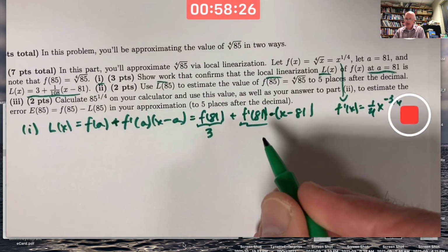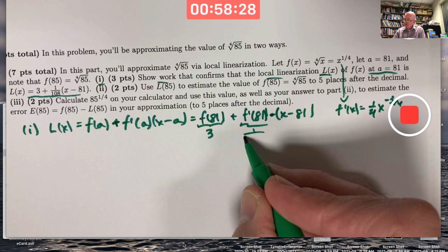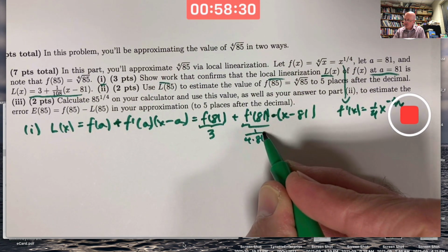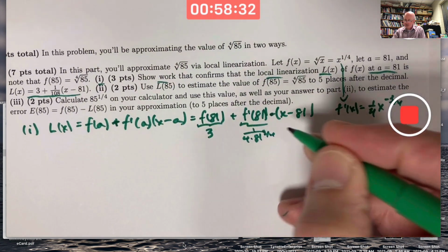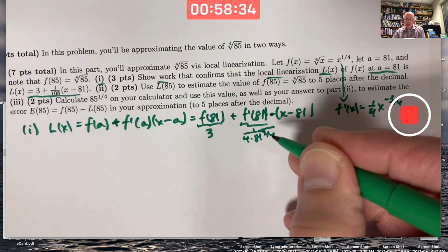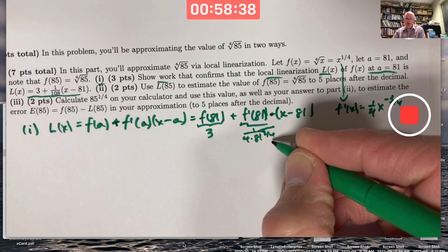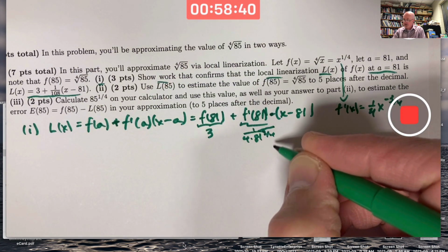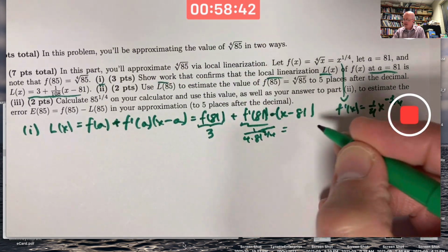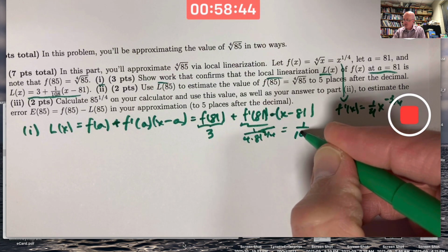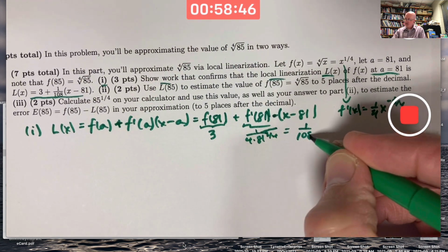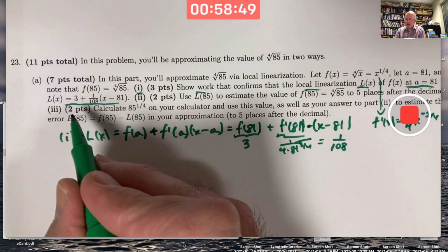So when I plug in 81, I get 1/4 times 81 to the 3/4 power. Fourth root of 81 is 3. If I cube that, I get 27. 27 times 4 is 108. So this is 1/108. And without bothering to rewrite it again, it does match this.